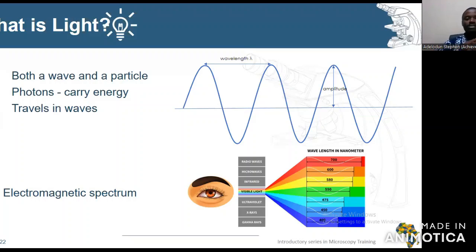That is what we can see at the bottom right of the screen. Light moves as a wave, and it carries its energy in the form of what is known as a photon. So it is the interaction of this that brings about what we see under the microscope.